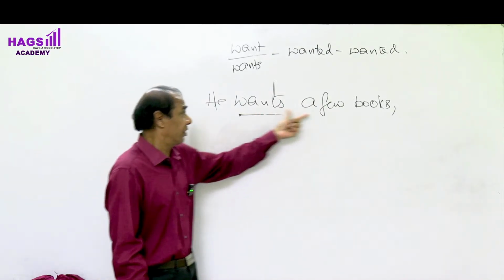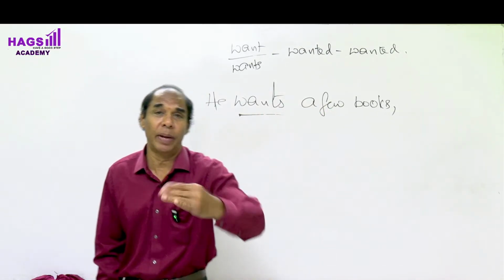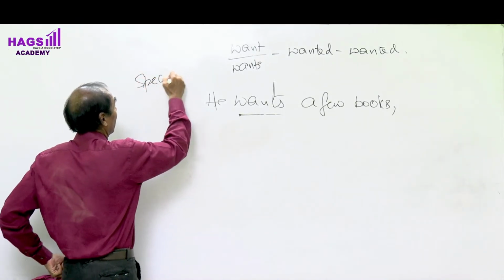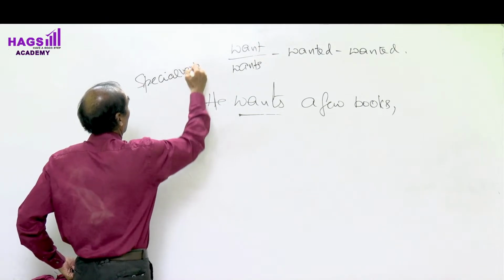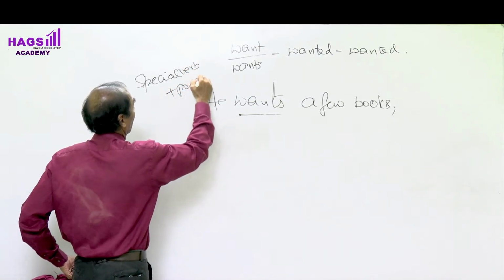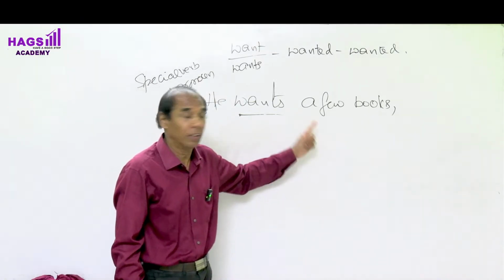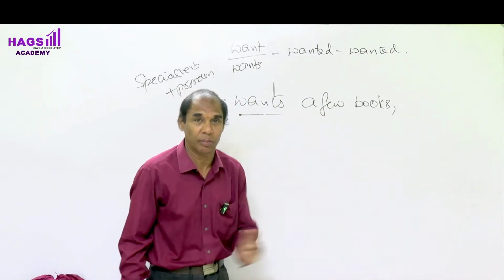So first of all, the statement is positive. The question tag must be negative. What is the formula? Special verb plus pronoun. This is the formula to make a question tag when the statement is in positive form, right?